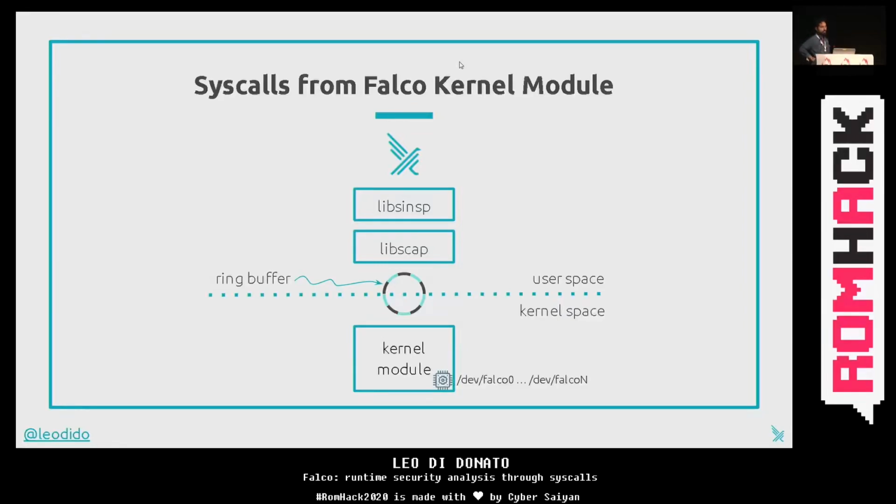The kernel module attaches to the start of execution of every syscall that we track in the kernel, and also to the end of every syscall, to grab the arguments at start and post execution. With a mechanism we call fillers, the kernel module augments the arguments of the syscall, making them human readable somehow.